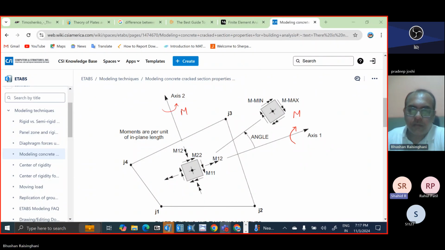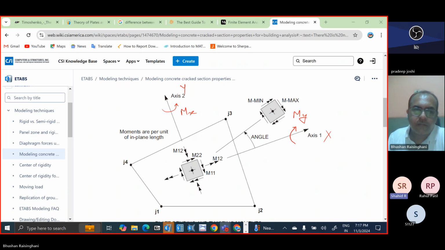Okay, so I mark axis 1 as X and axis 2 as Y. So where is moment X and moment Y? Let me know if this is correct or not. Sir, the opposite will be true.